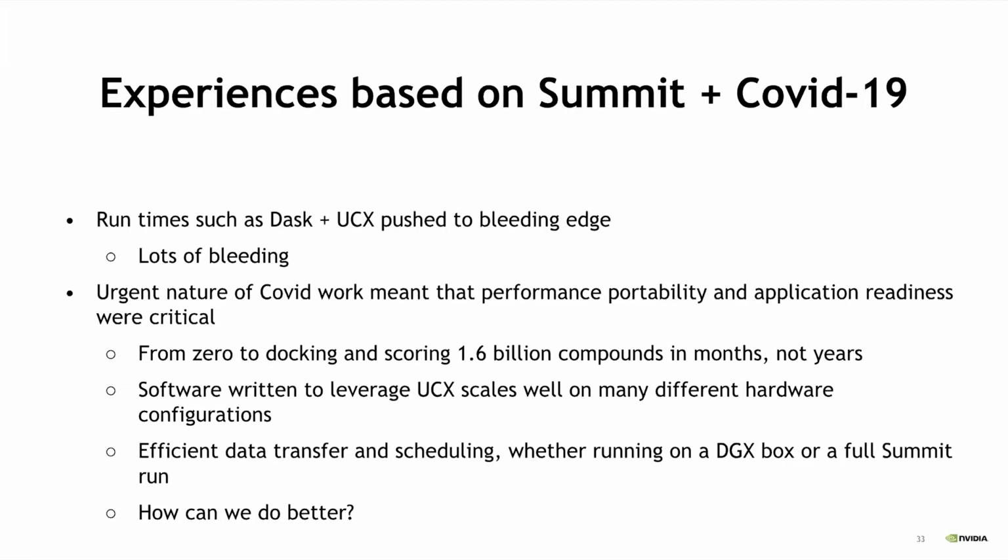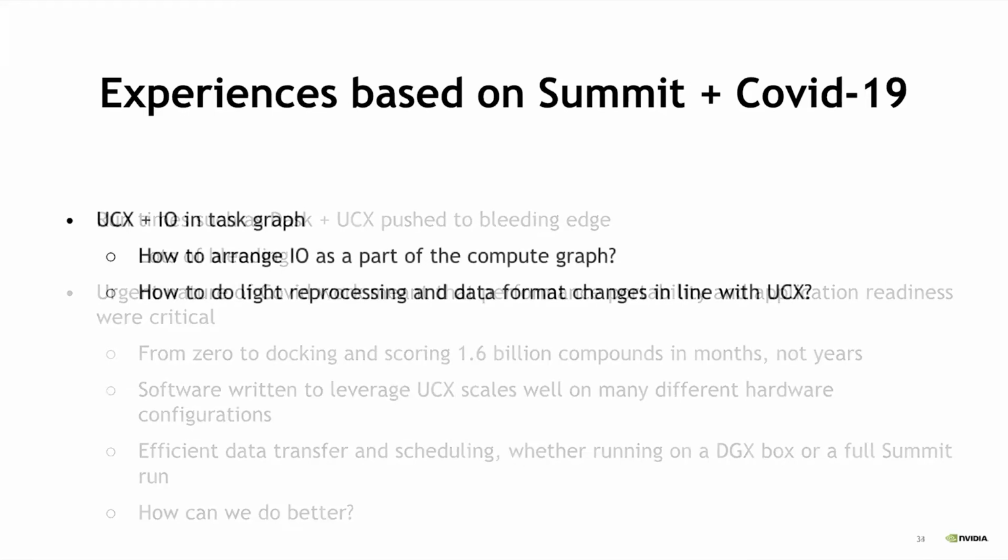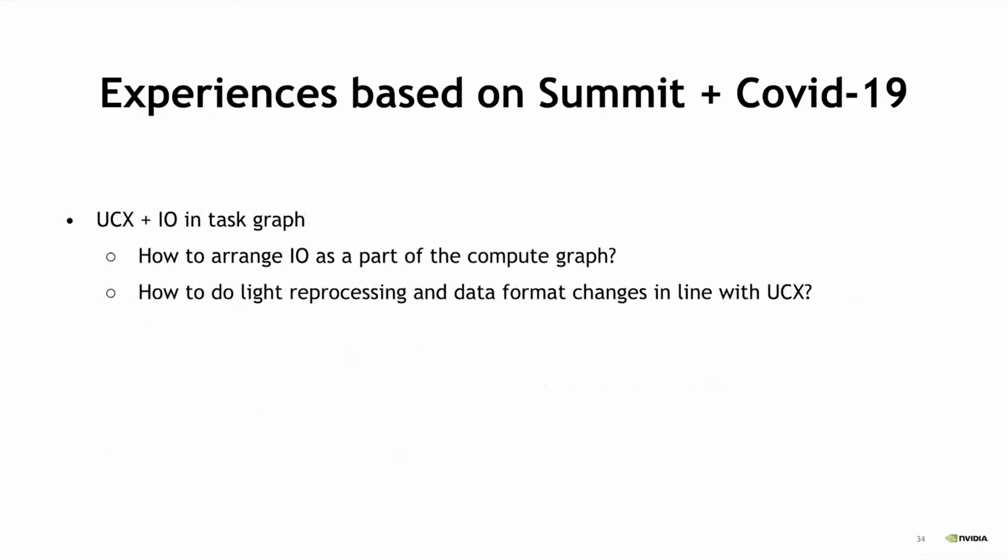So, what's going to be the next generation that drives increased performance? Next slide. So this opens up questions about using UCX to help with the I/O problems. One of the biggest challenges of this workflow was purely the fact that you're managing 1.6 billion files.